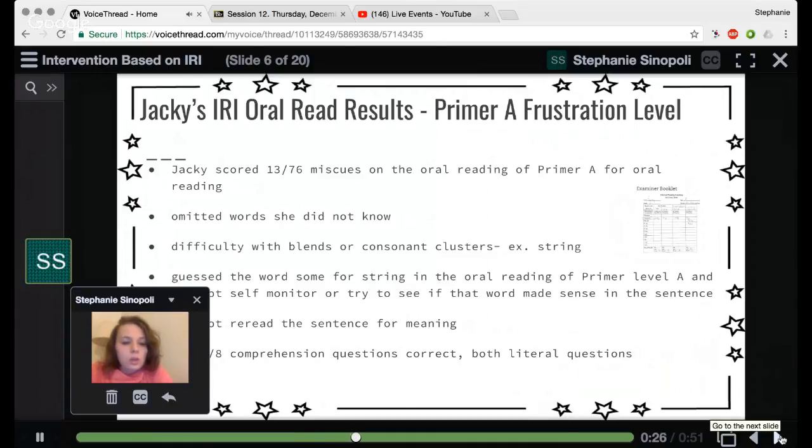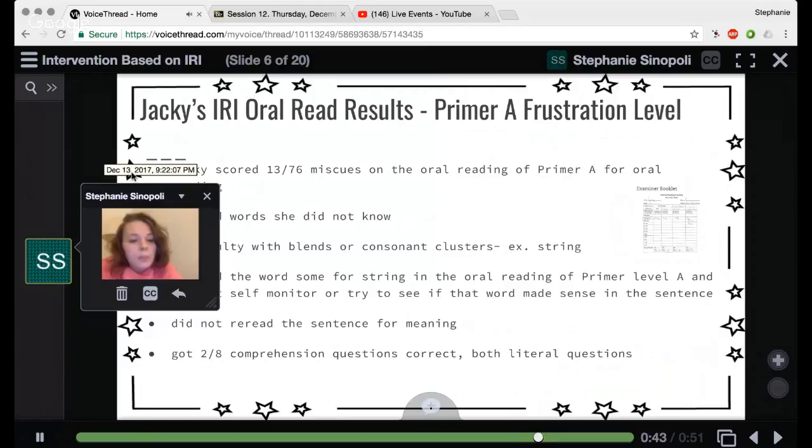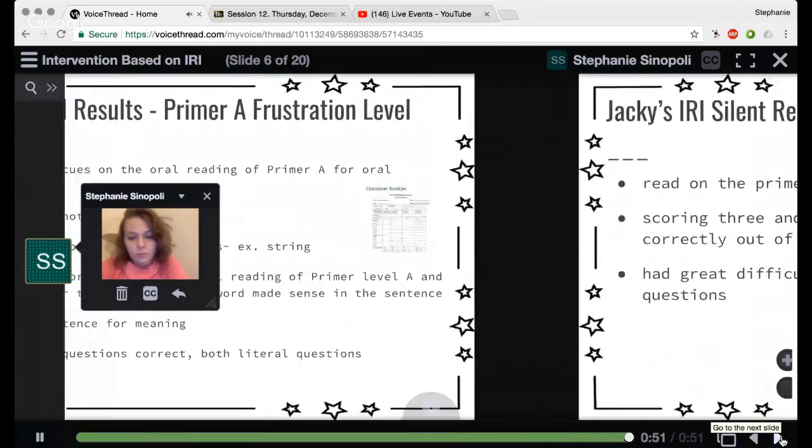She also guessed the word some for string, which led to her lack of understanding of the text. She did not try to self-monitor to see if some fit in that sentence. She also did not reread the same sentence for meaning, and she got 2 out of 8 comprehension questions correct. Both of these questions that she got correct were literal questions.